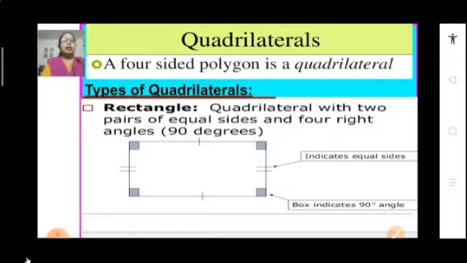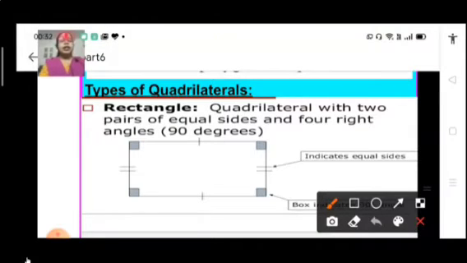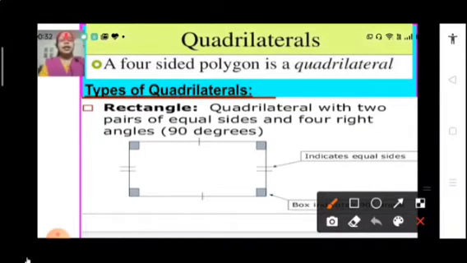Now let's understand about the different types of quadrilaterals. So first one is a rectangle. So what is a rectangle? A quadrilateral with 2 pairs of equal sides and 4 right angles. Children, first let's consider this quadrilateral and name it A, B, C, D. So what are the sides of this quadrilateral?